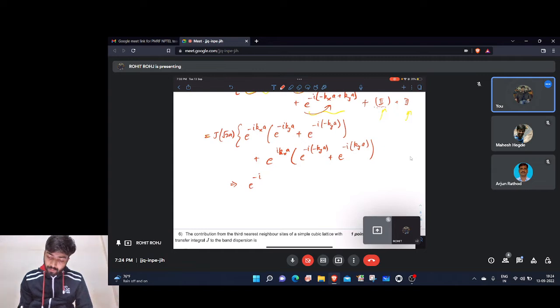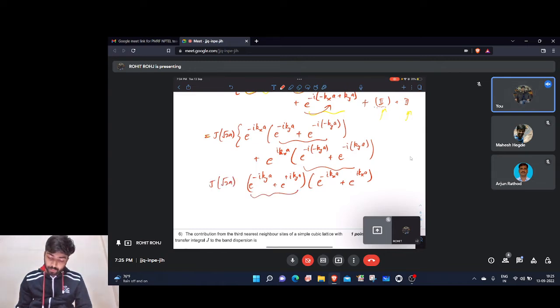Now these two terms are the same, so I can take out e to the power plus i ky a common, and we have another factor coming up, e to the power i kx a plus e to the power minus i kx a, and of course we have J times root 2a in the front.